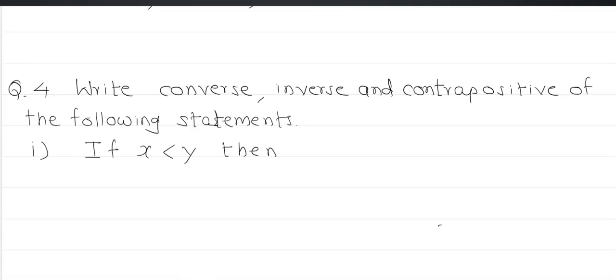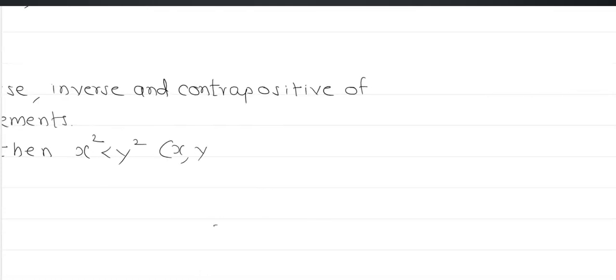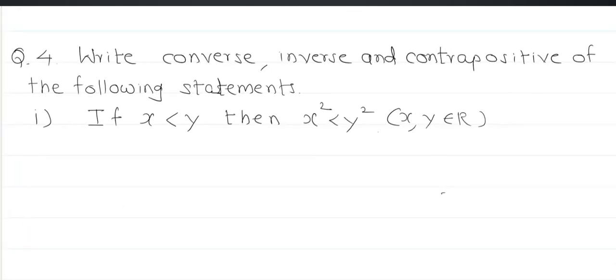If x is less than y, then x square is less than y square, where x, y belong to the set of real numbers. I want to write the converse, inverse and contrapositive.